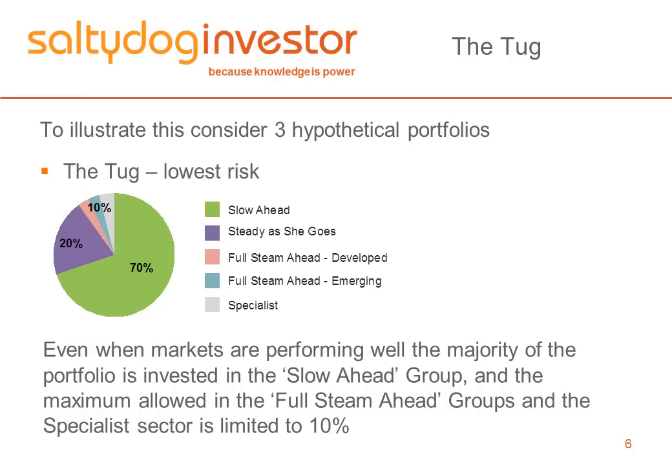Even when the markets are performing well, the majority of this portfolio is invested in the slow ahead group. And the maximum amount invested in the full steam ahead groups and the specialist sector is limited to 10%. For an even more cautious portfolio, the amount in slow ahead could be increased even further at the expense of the more volatile groups.